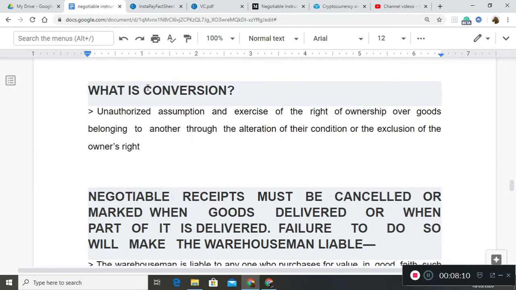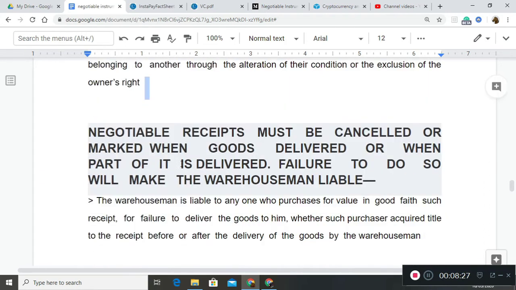So an emphasis on conversion or estafa. This is the unauthorized assumption and exercise of the right of ownership over goods belonging to another through alteration of their condition or exclusion of the owner's rights.